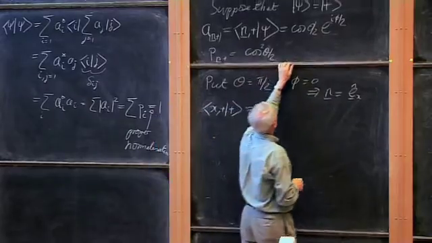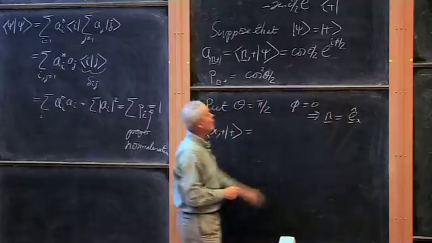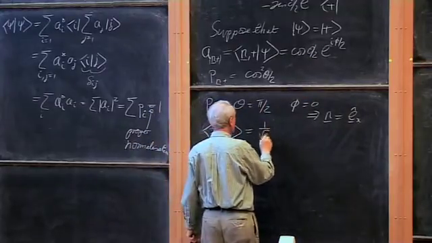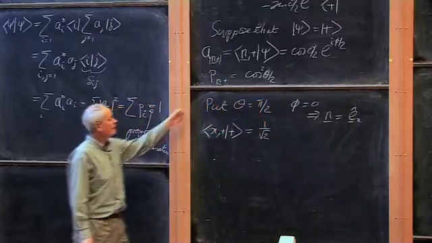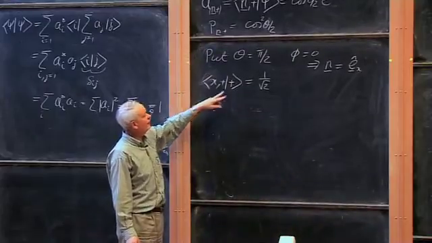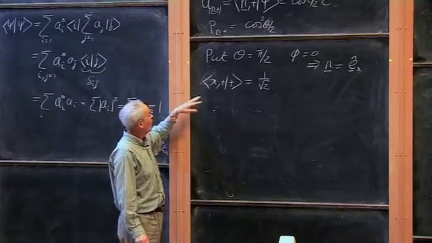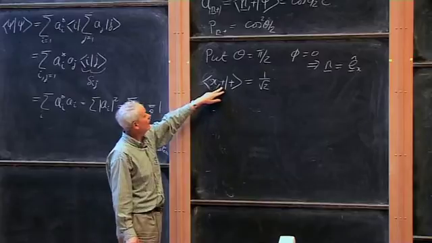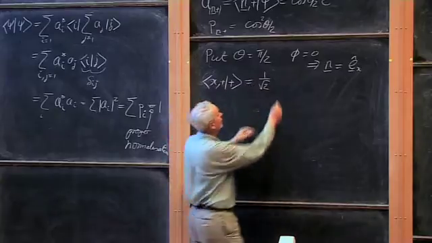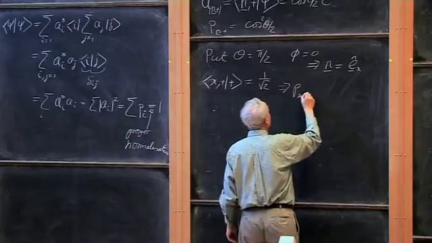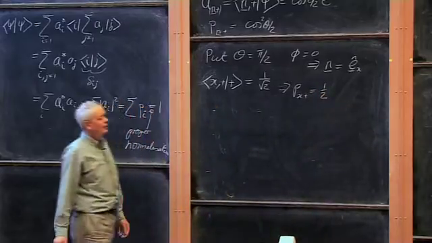Then I'm looking at cos of pi upon 4, which is 1 over root 2, and I have e to the i times nothing, so that's just that. So if we are guaranteed the answer plus a half for Sz, what's the probability of measuring plus along x? The answer is a half, because the probability is the square of this. So p x plus is in this case equal to a half.